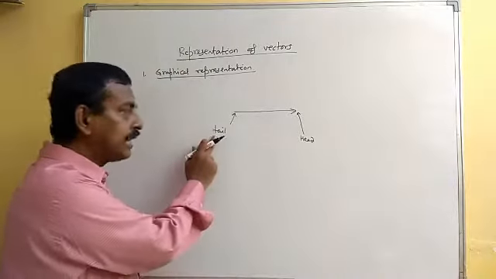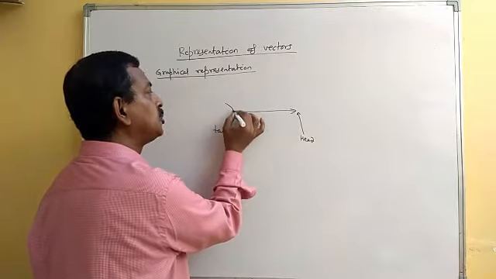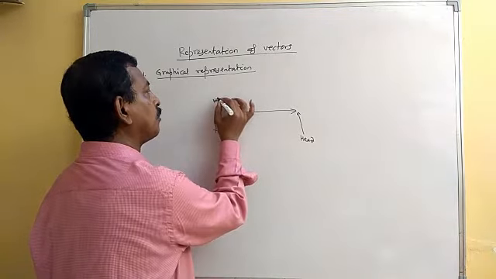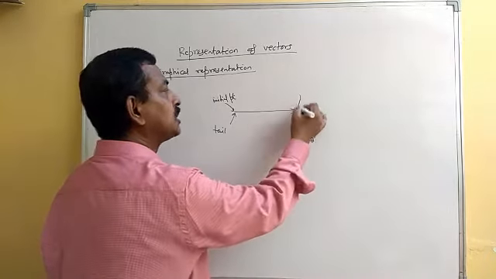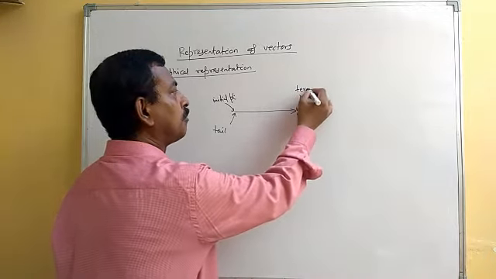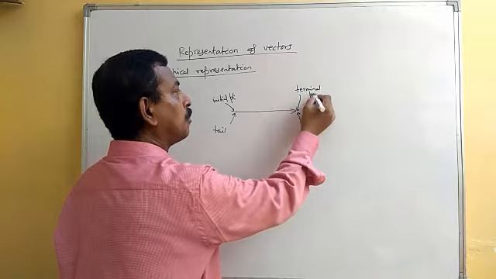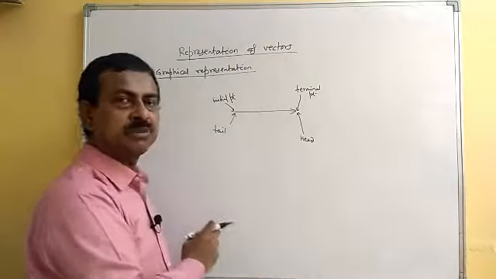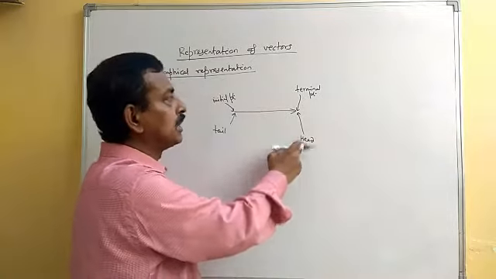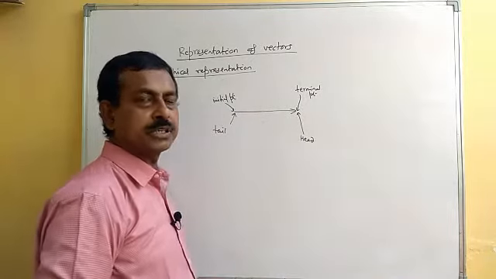Now, the tail represents the initial point, whereas this is called the terminal point. That means the tail will represent the initial point of the vector and the head will represent the terminal point of the vector.